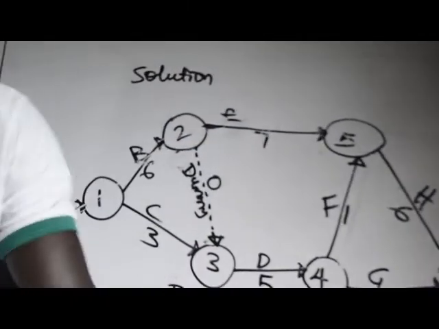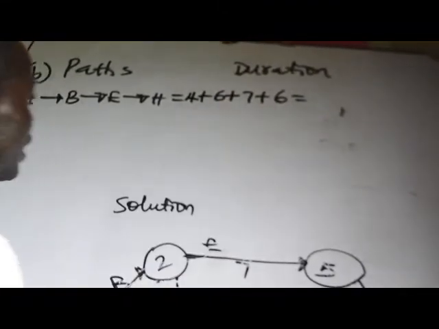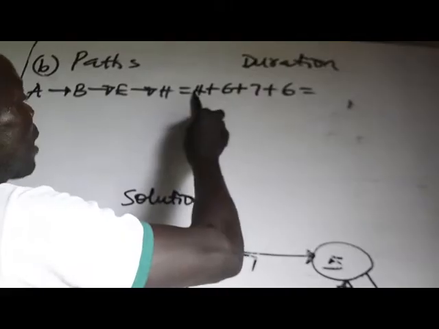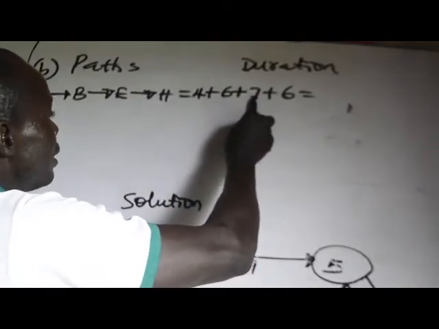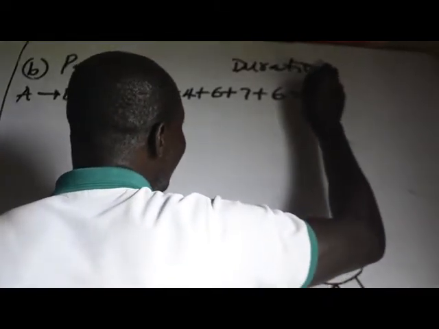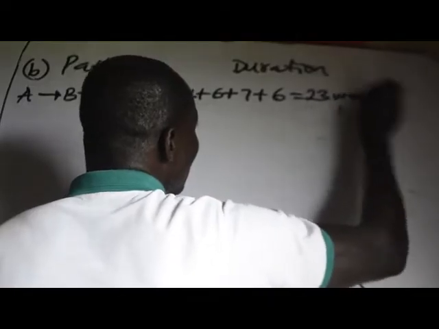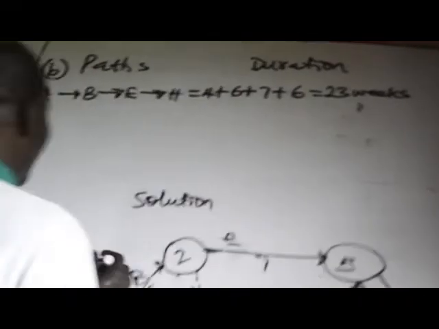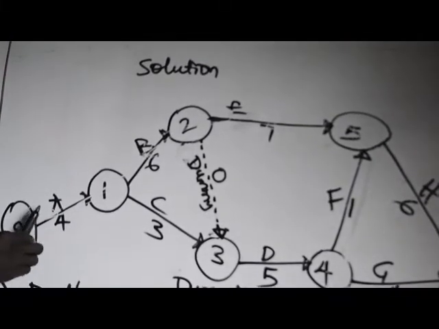So now let's sum up the duration. 4 plus 6, 10. 10 plus 7, 17. 17 plus 6, that is 23 weeks. That is for the first path. You can as well travel from A.